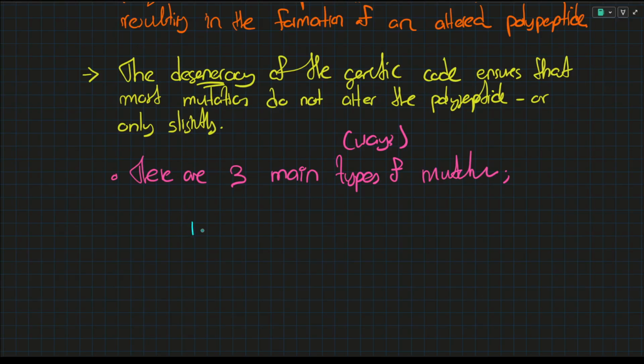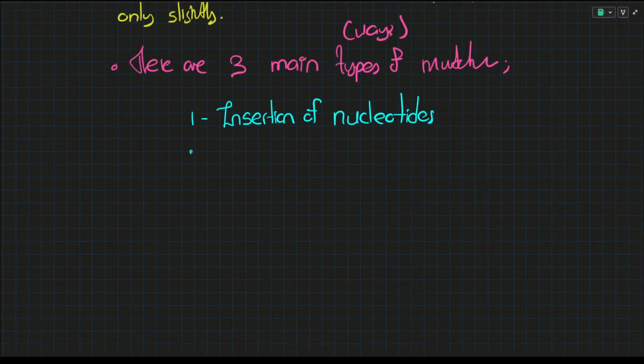The first kind is the insertion of nucleotides. Don't try to understand what each of these things are. I will provide small examples and that's going to help you. Then, if insertion is a part, deletion is also a part.